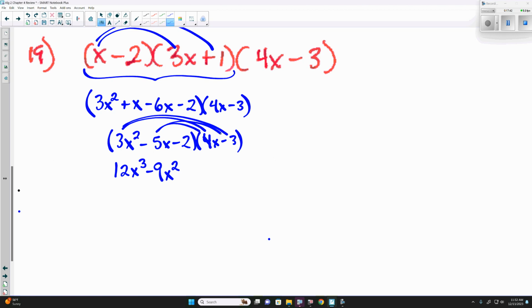Then we'll distribute the negative 5x. Our negative 5x times 4x is negative 20x squared. And negative 5x times negative 3 is plus 15x. And lastly, negative 2. Negative 2 times 4x is negative 8x. And negative 2 times negative 3 is plus 6.